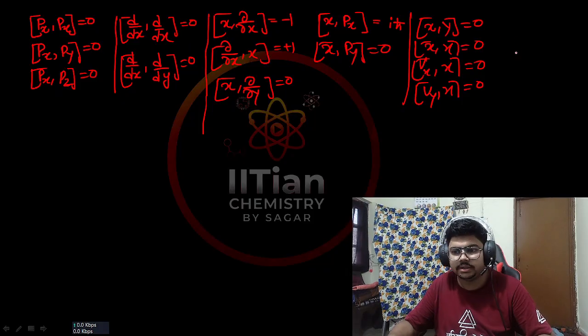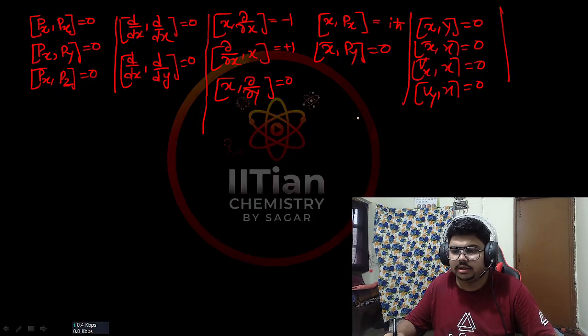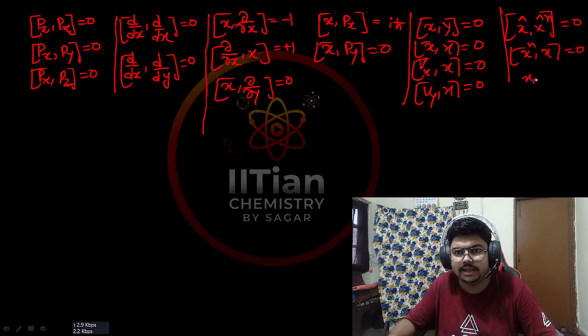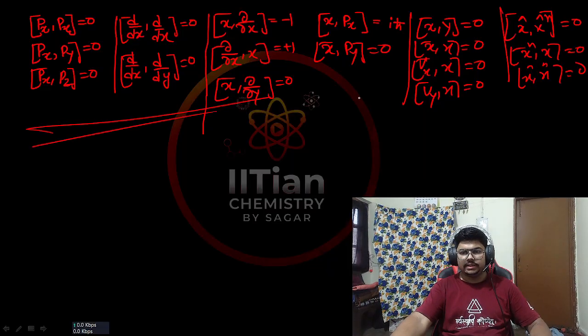Multiplicative as an operator, it will always be 0. Next, any operator x comma x to the power n will be 0. Any operator with its power, x to the power n comma x, will be 0, and x comma x will also be 0. So these are the set of properties we have seen here.